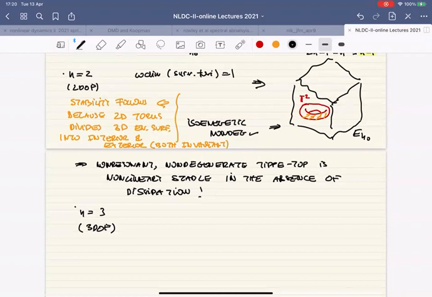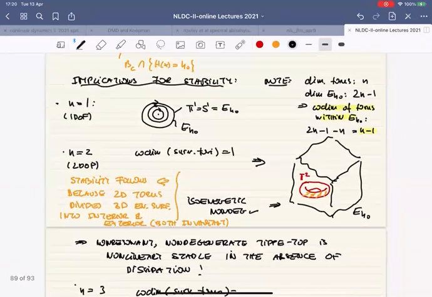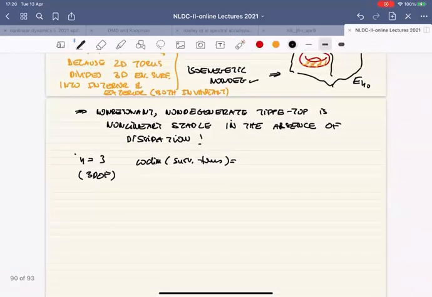So when you have 3 degrees of freedom, then the codimension of the surviving torus is what? Let's use the formula. N is equal to 3. So the codimension of the surviving torus is 2. So if the energy surface is 5-dimensional, I can't draw that.